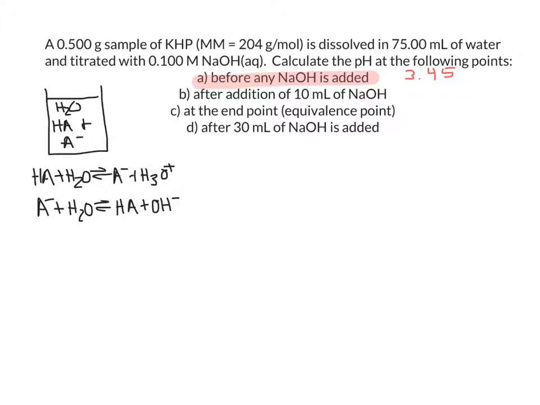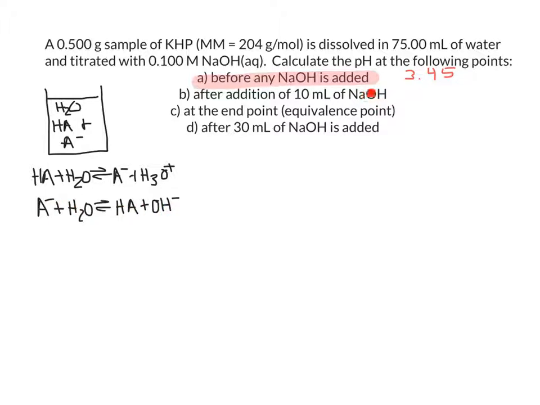Since we have a significant amount of both HA and A minus in our beaker, we can choose which of these two reactions we prefer to use to solve for the pH after the addition of 10 milliliters of sodium hydroxide. So I'm going to choose the base hydrolysis for the following reason.